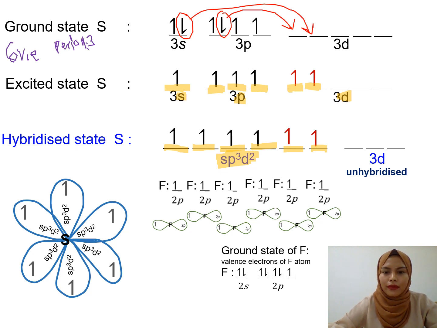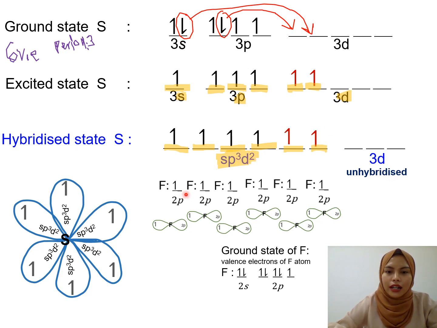Okay, and then what happened to the rest of the 3d orbital? Dia tak ada elektron, so tak ada apa-apa effect pun, so you bawa saja turun ke bawah, and this empty orbital still di bawah 3d orbital, so it's gonna be a 3d unhybridized orbital sebab dia tak terlibat langsung di dalam hybridization.